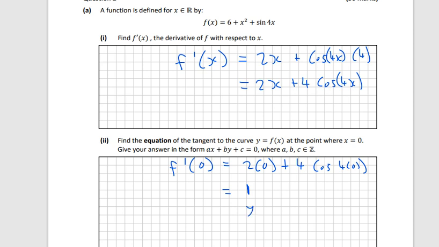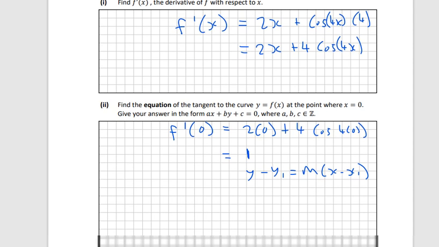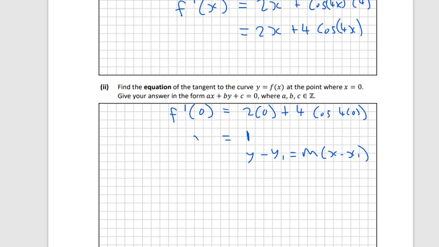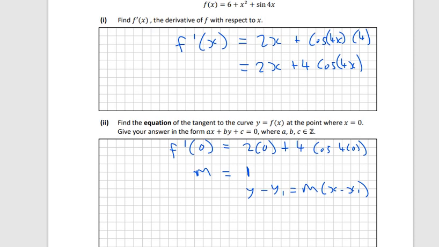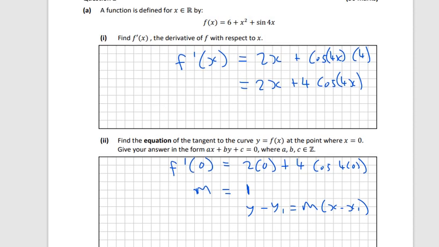Therefore, we're going to be using the formula y minus y1 is equal to m by x minus x1. That's the formula we're going to be subbing into, and m will be equal to 1 because that's the slope, because we found the derivative at the point where x is 0, but we don't know what the x1, y1 is. Now I'm going to just sub 0 into the original and see what we get out.